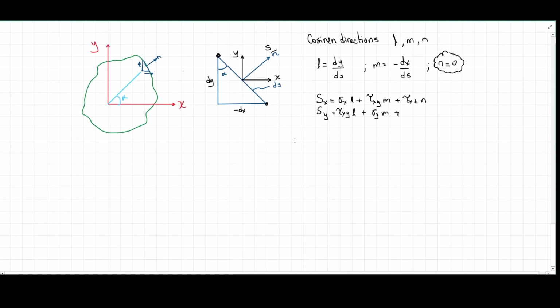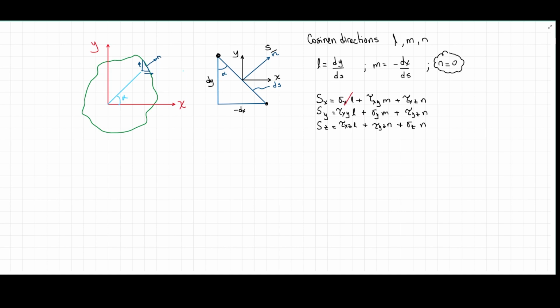That's what I'm doing right now. And then finally, in z direction, I'm going to have tau xz l plus tau yz m plus this normal stress z in n.